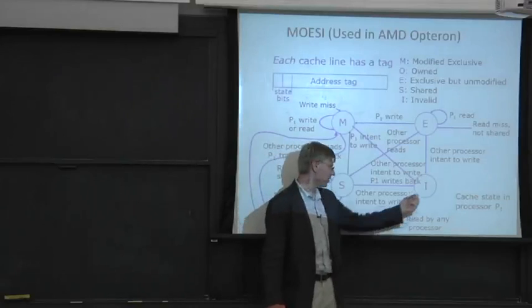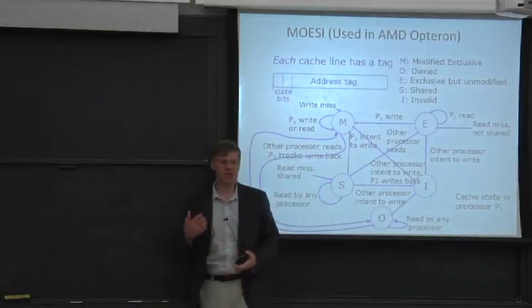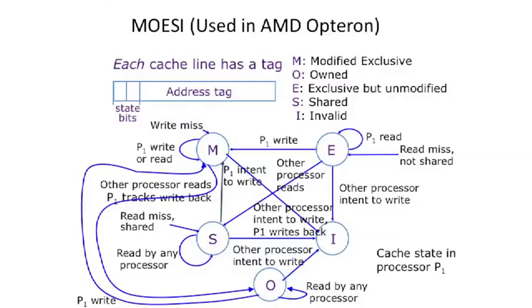And then there's this arc here from owned to invalid: if some other processor wants to write the data, P1 here will see the intent to write from another processor. It'll snoop that traffic effectively, and at that point, it'll transition to this invalid state.